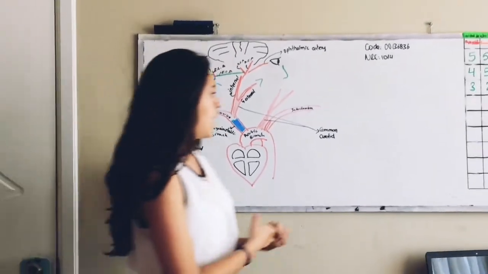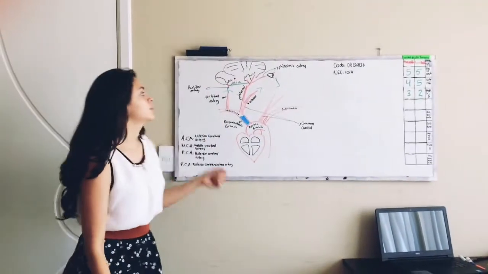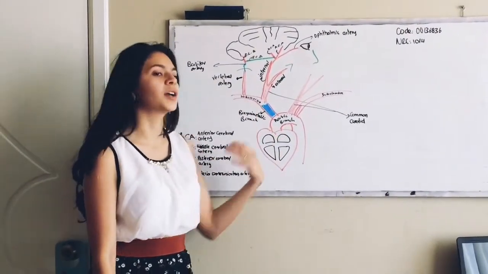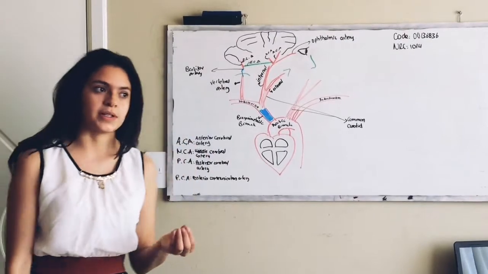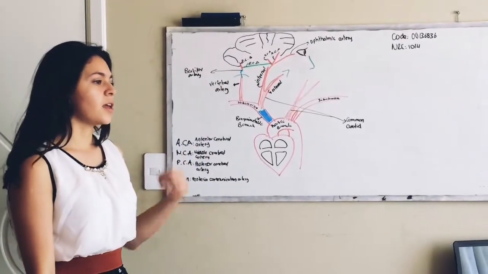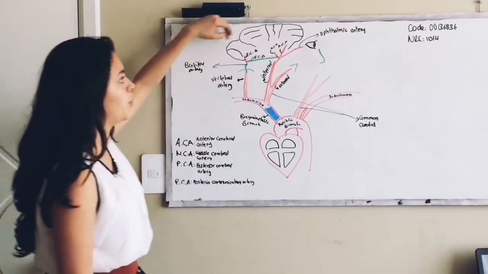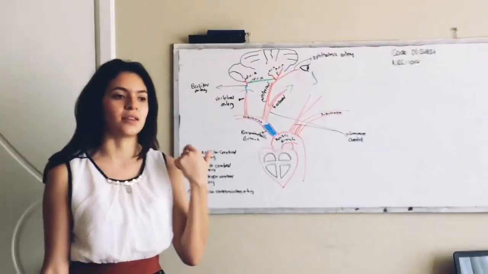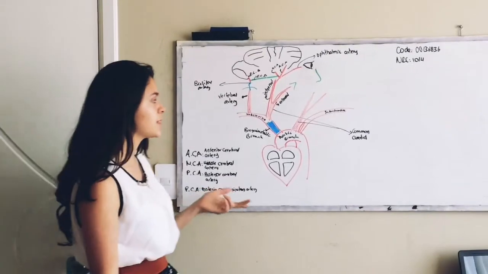It's important that you know that the irrigation of the arteries is really important, because the cells of the brain, the neurons, need energy to function, they need oxygen, they need nutrients.